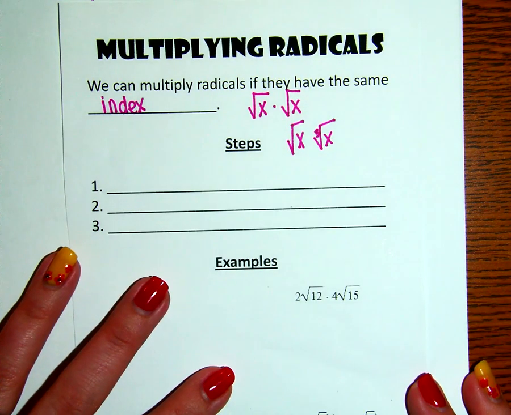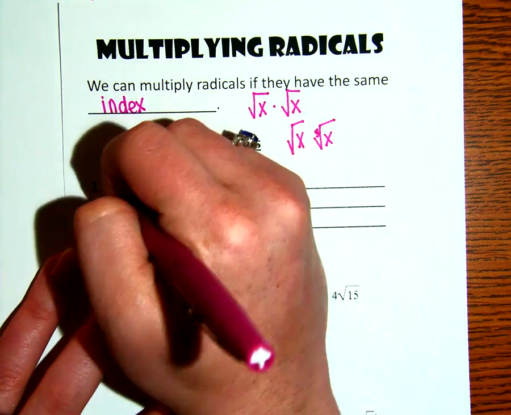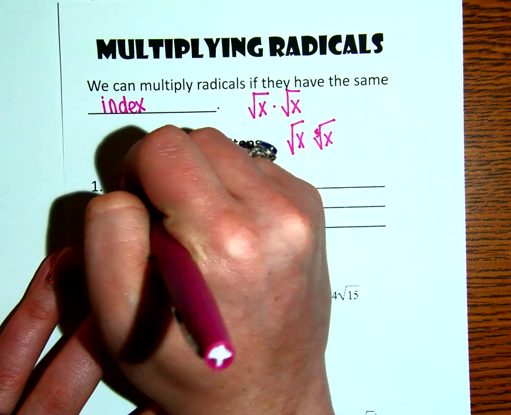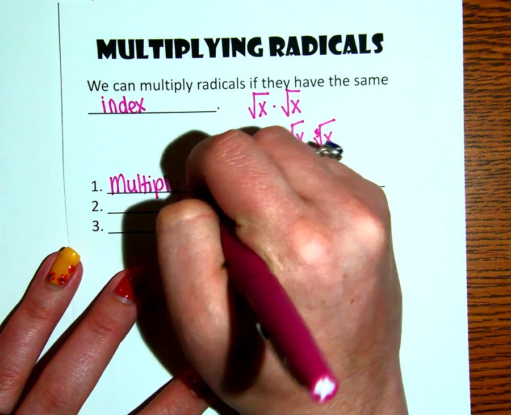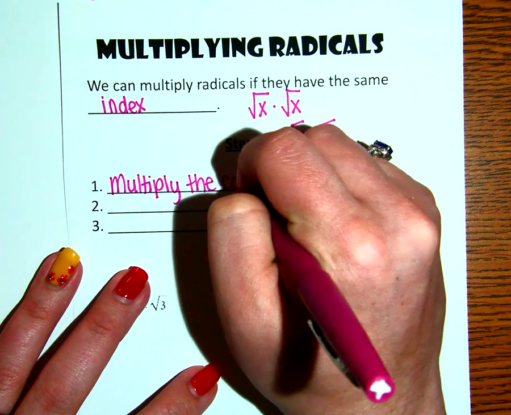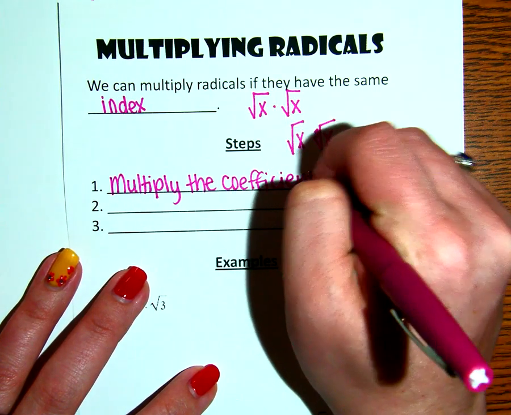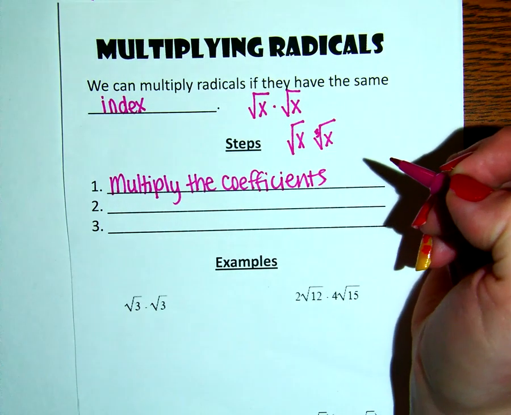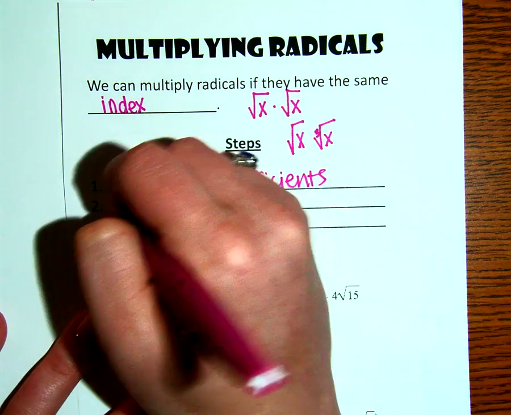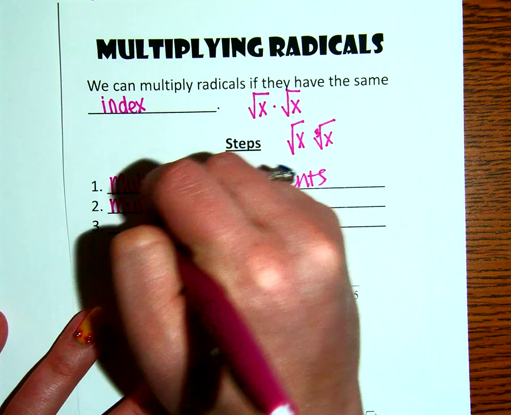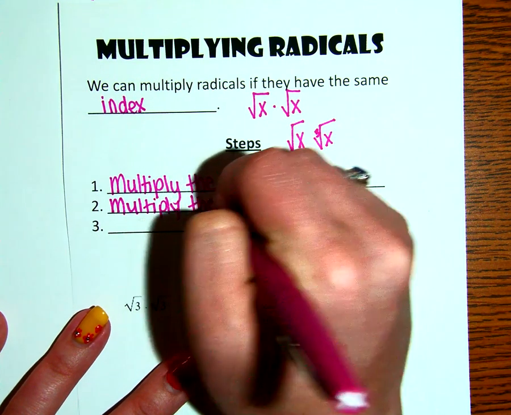There are 3 basic steps to multiplying radicals. The first one is to multiply the coefficients. The second step is to multiply the radicands.